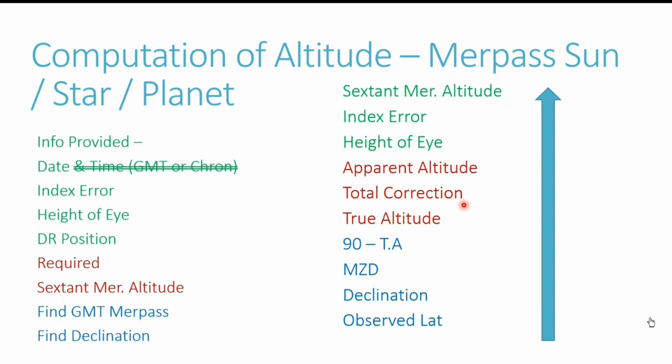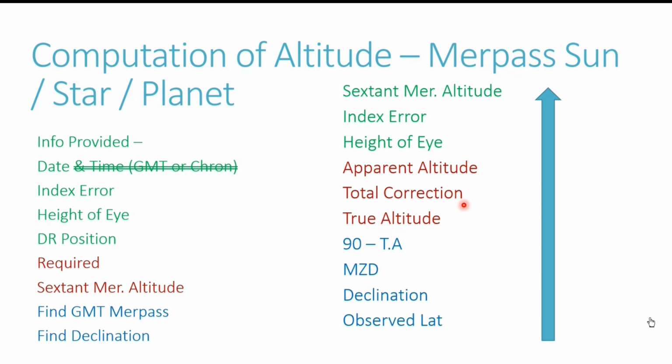Whenever we compute our altitudes, we are aware that this computation is done on the basis of the DR position, and there is a possibility of error in these readings. And this is just taken to help us set the sextant so that we can take the sight very, very quickly. Even if a small time interval is available to us for the sight, with the sextant set, we are able to obtain it very quickly.